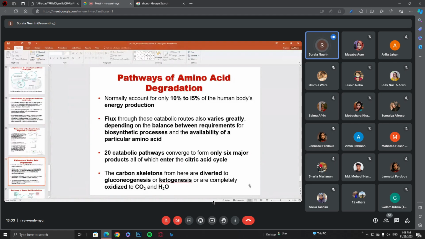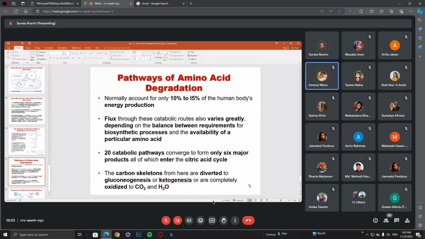Now, we know that there are 20 amino acids, right? So that means the 20 amino acids are catabolized by 20 different catabolic pathways, or not? Yes, ma'am.